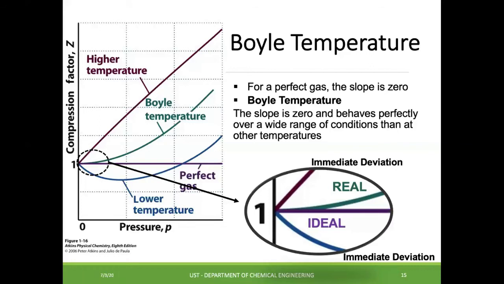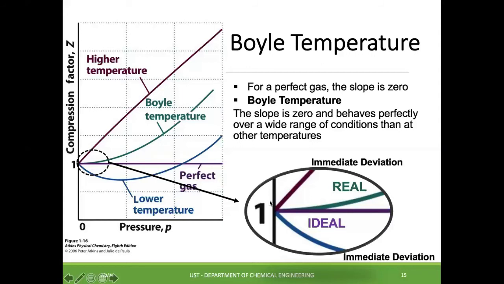Compression factor is greater than 1. Gas is less compressible, and repulsive forces dominate. So for this lower temperature, Z is always less than 1, and attractive forces dominate. So at this point, this is where deviation is happening, from ideal to real gas.